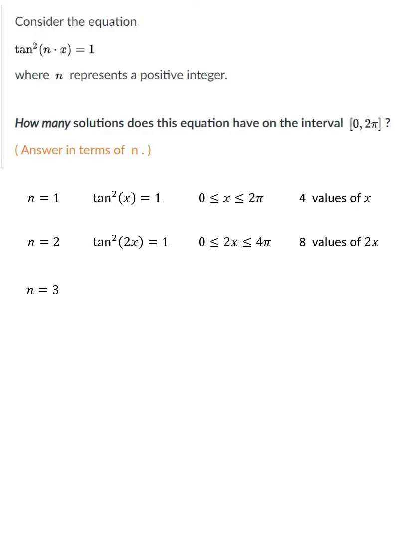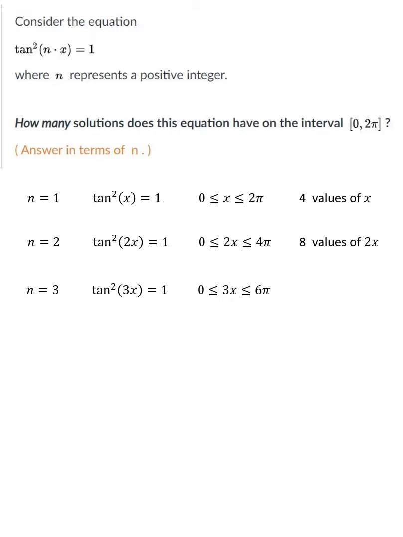Let's see if you can follow the logic again when n is 3. When n is 3, we're solving this equation. Now, if x is allowed to be between 0 and 2 pi, then 3x is allowed to be between 0 and 6 pi. I've just tripled the original inequality. That dictates where my solutions have to be.